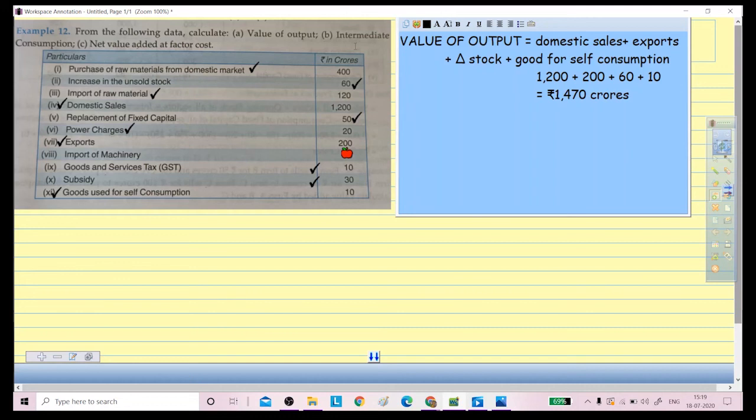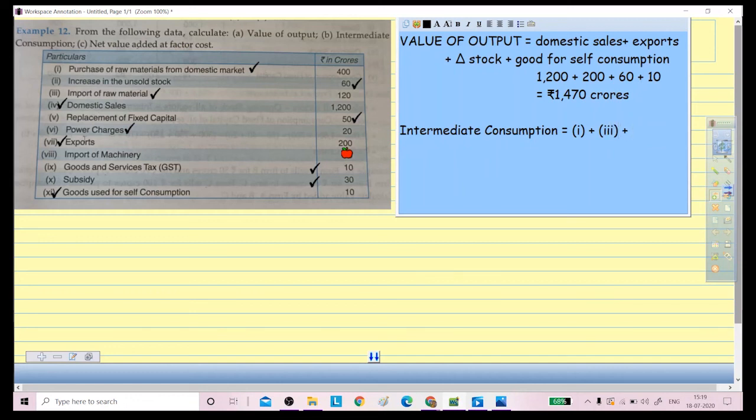Next, we have to find out intermediate consumption. Three terms we have to add. First one is purchase of raw materials from domestic market, the first item. Then import of raw material is the third one in the question. That also I will write.